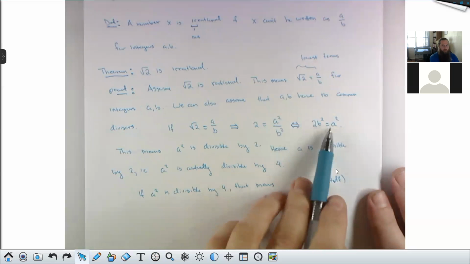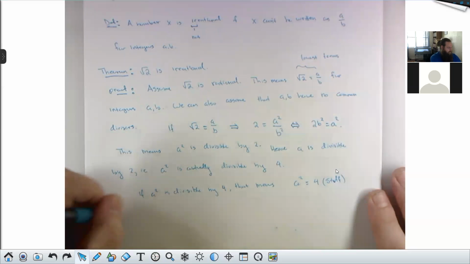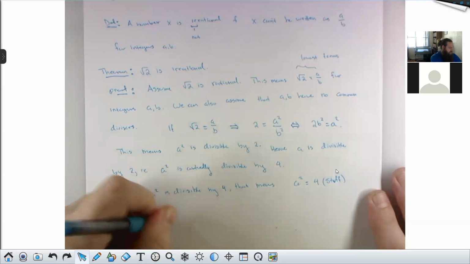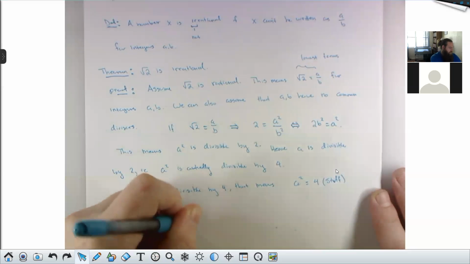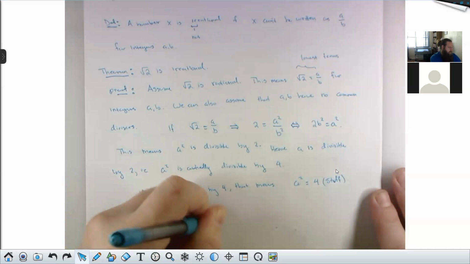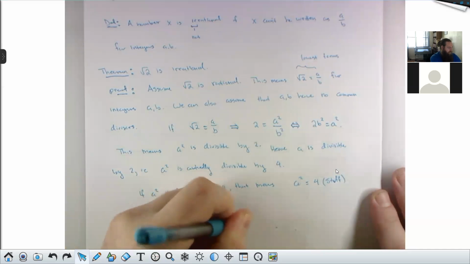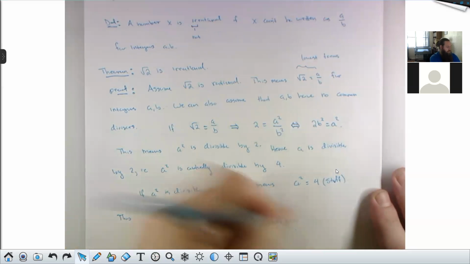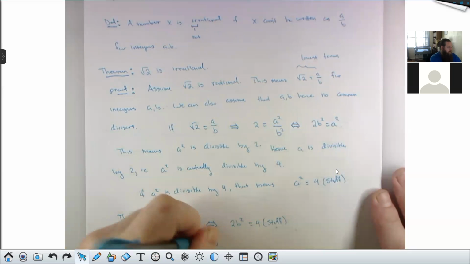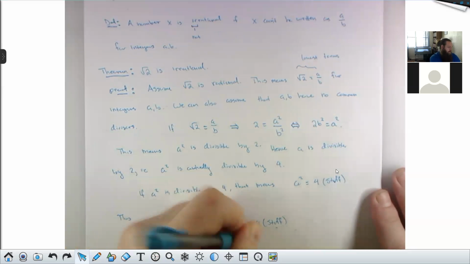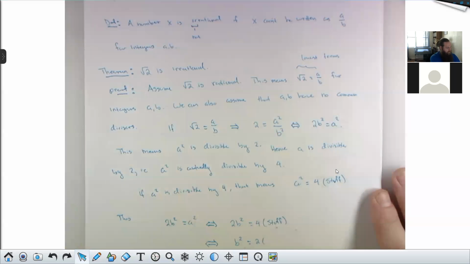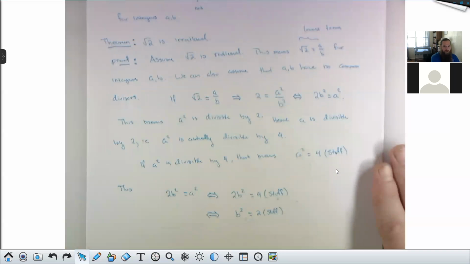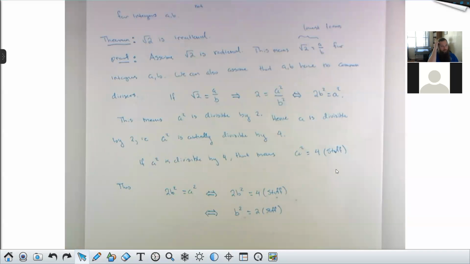So let me take that and plug it back in here. 2b squared is equal to a squared now says that 2b squared is equal to 4 times some stuff. And if you divide both sides by 2, you get that b squared is equal to 2 times something else. But this looks familiar.